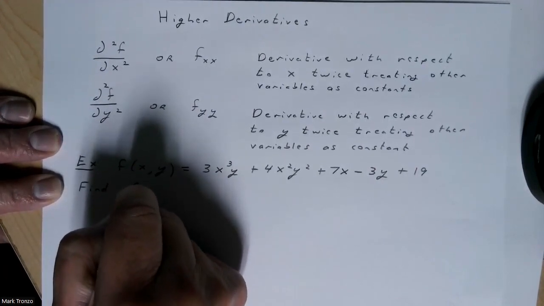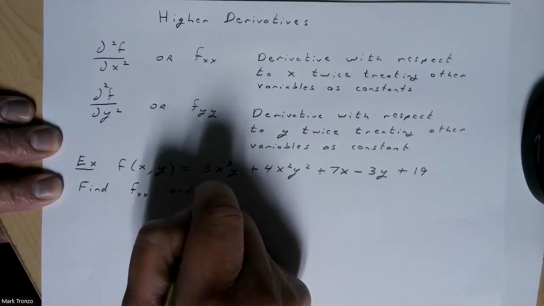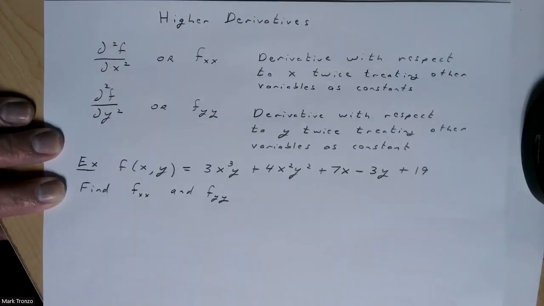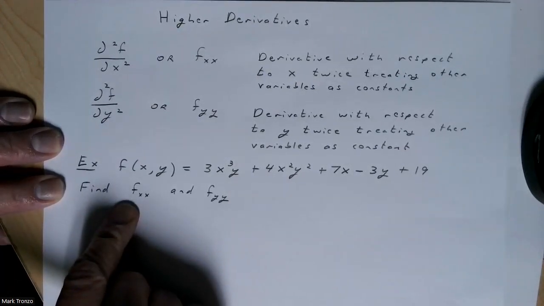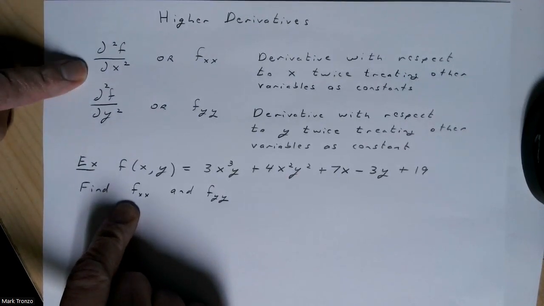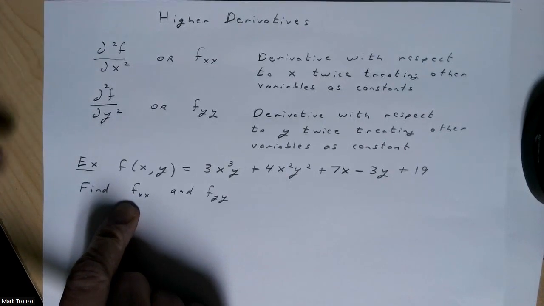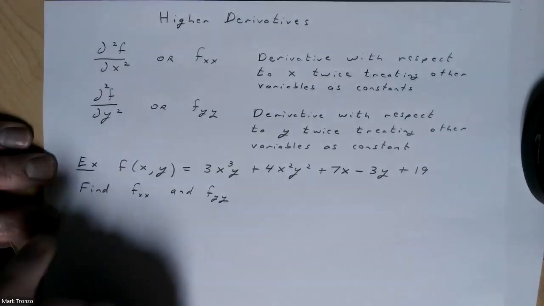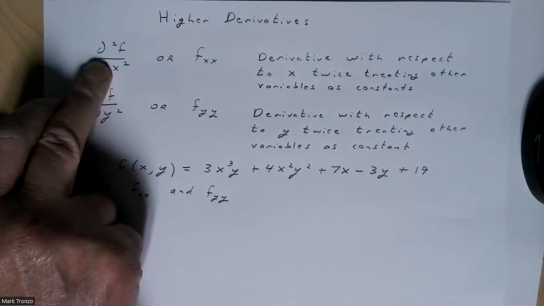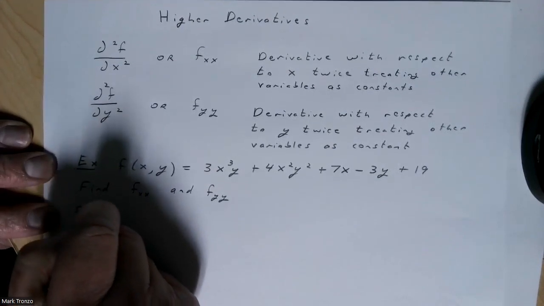Sometimes this simpler notation is a little bit easier to work with. It all depends. But let me do it this time. So let's take the second derivative. Again, this is the second derivative with respect to x, second derivative with respect to y. And that's usually how these are called. And let's go through it.